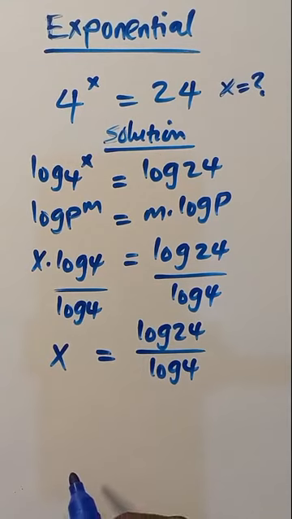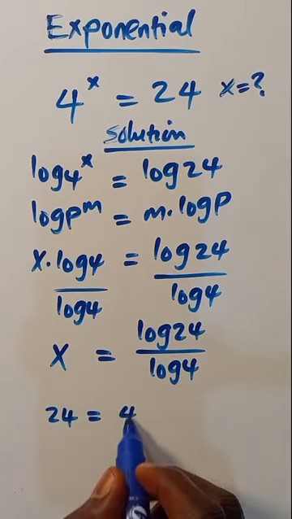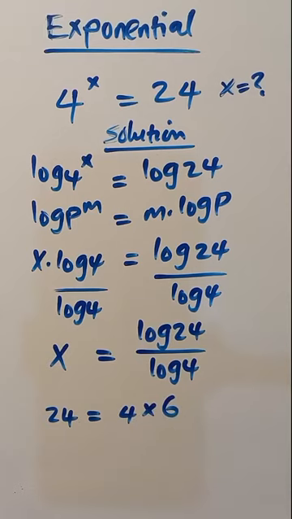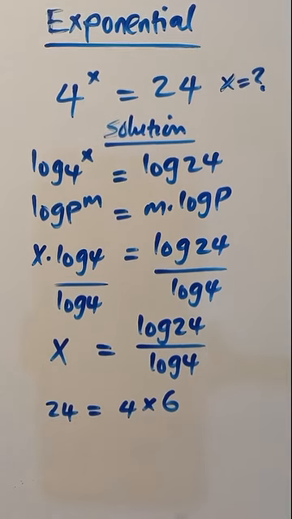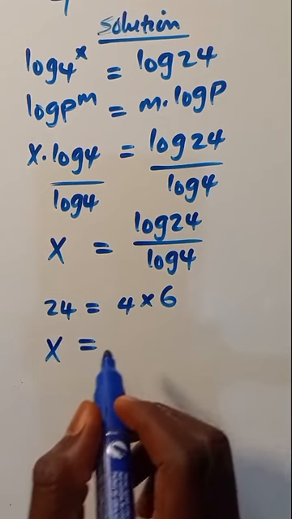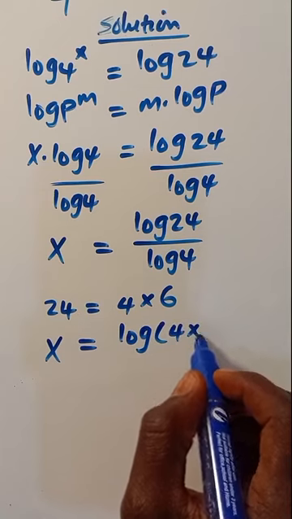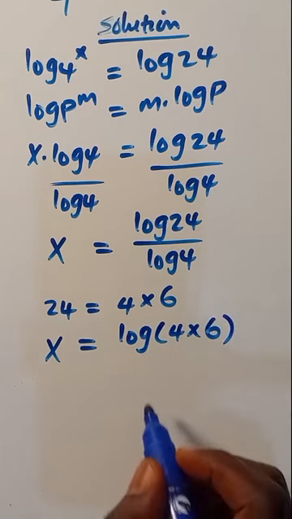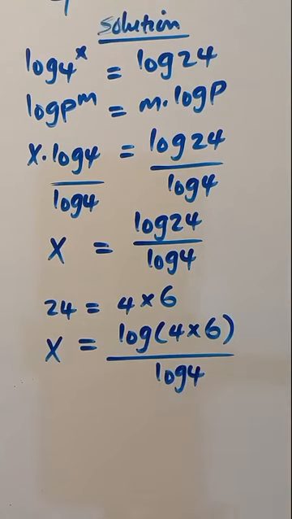Then let us note that 24 can be written as 4 times 6. So let's substitute it here. We are going to have x as log of (4 times 6) over log 4.